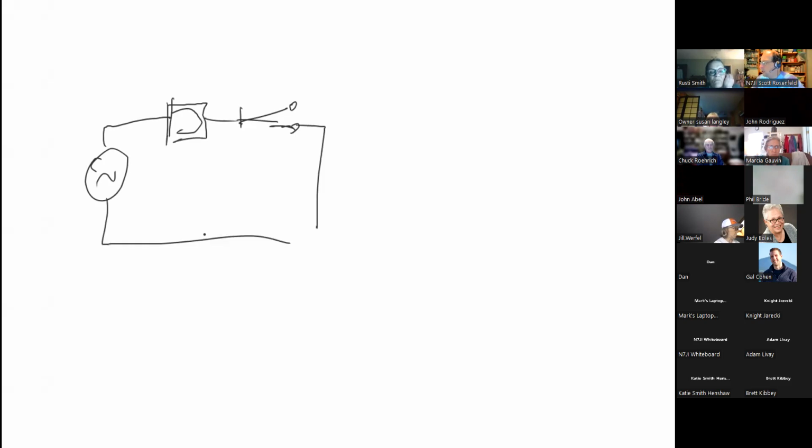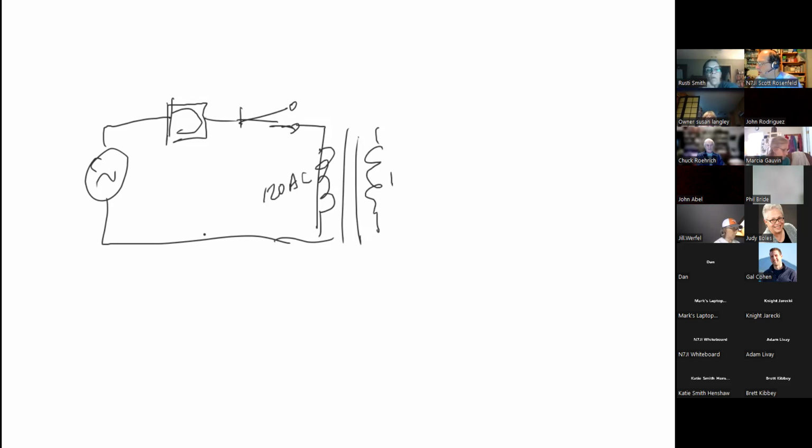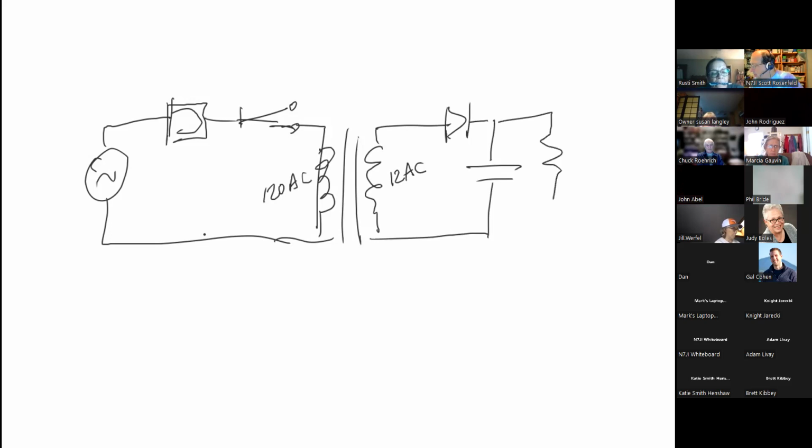Here's our switch. Here's our transformer, changing our voltage from 120 AC to, let's say, 12 AC. And then we have this feeding into a diode, and this then being filtered right here, and that, and that.